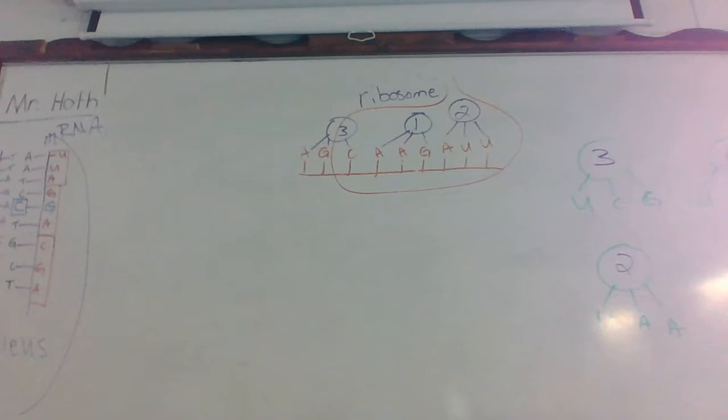That could be the result of people who can't digest certain materials, or it could be blood cells, or maybe they don't have the correct clotting factors in their blood, because somewhere along this line of protein synthesis, a mutation has taken place. If it's in one spot, we call that a point mutation.